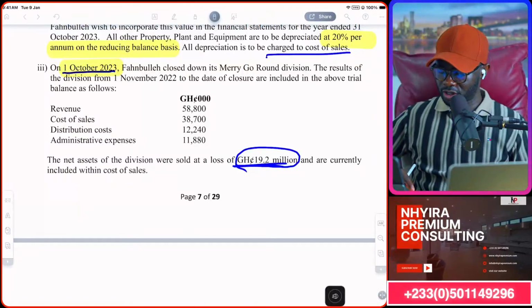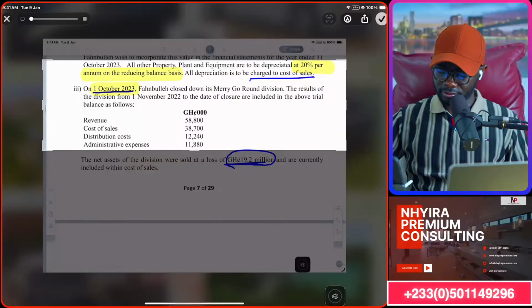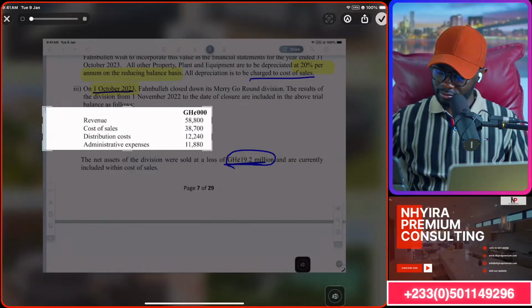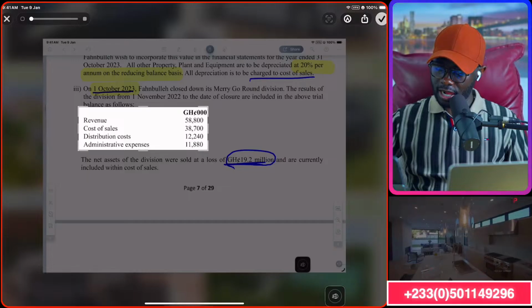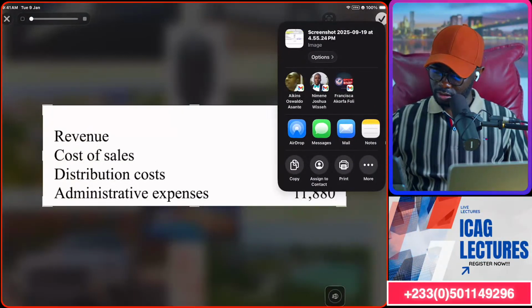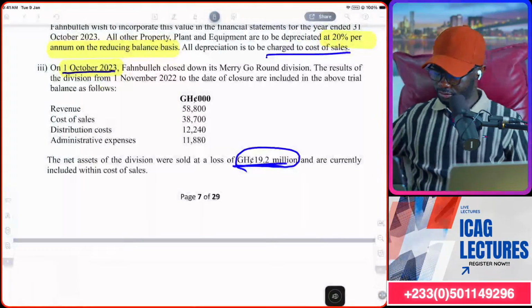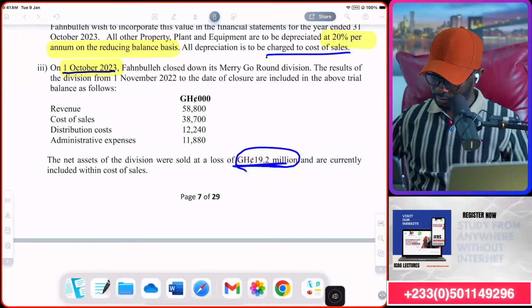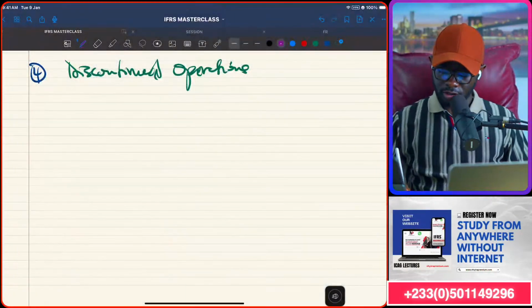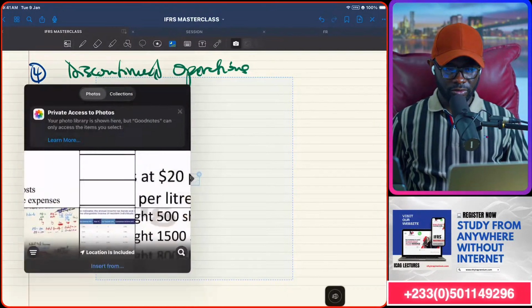So I'm going to just bring that data up here. Because I want to simplify my workflow.